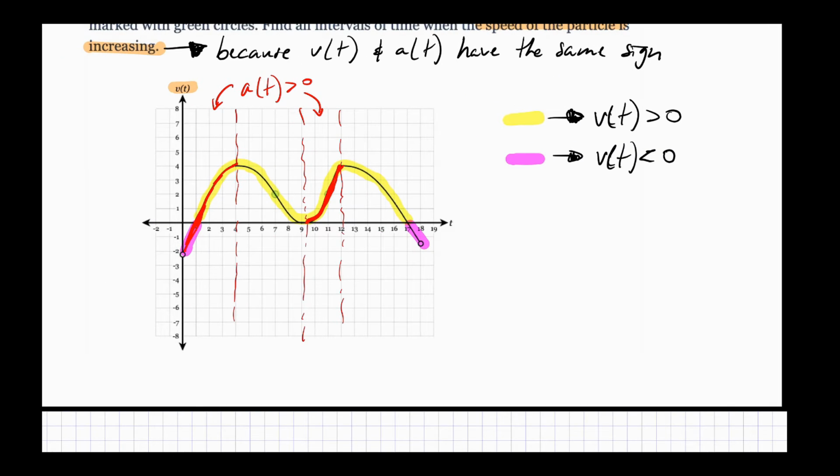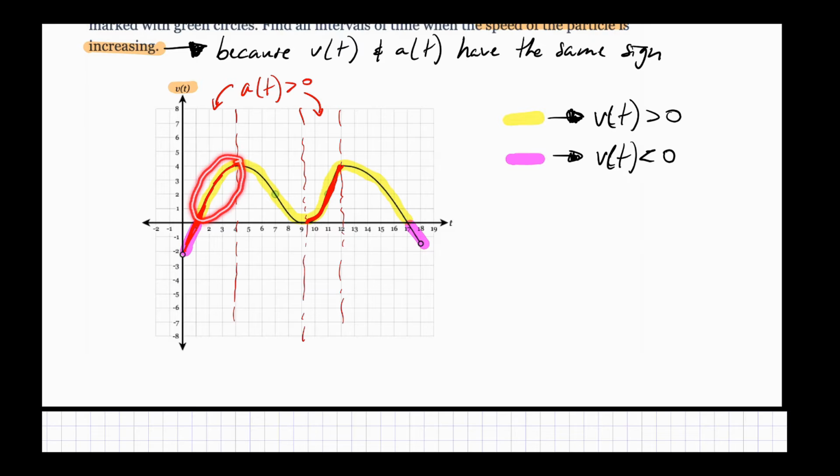Okay, so let's do positives first. Positives are outlined in red, positive acceleration, and yellow. So I'm looking for red and yellow. That looks like it's going to be right here. That's one spot.